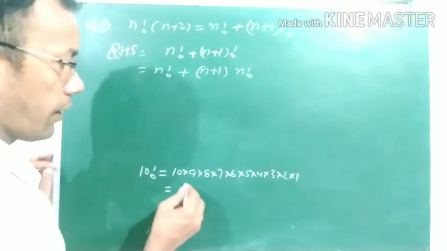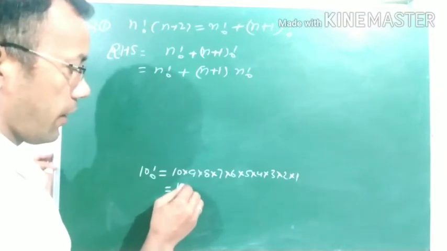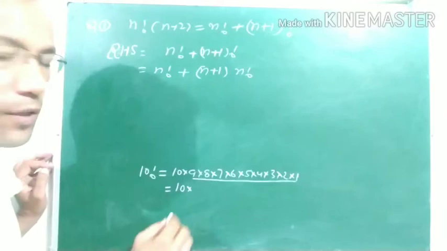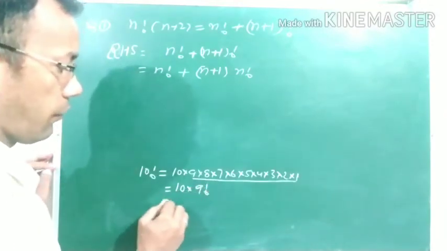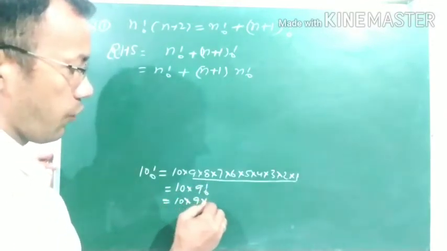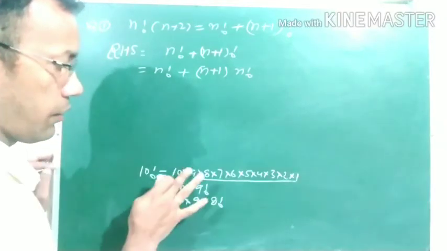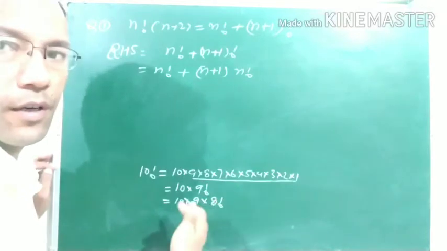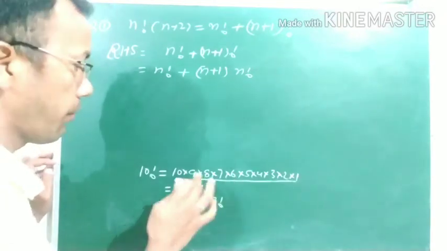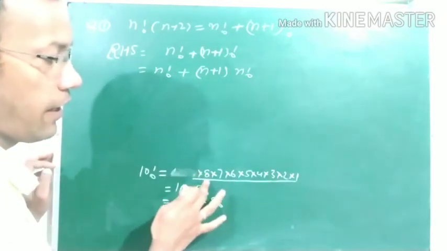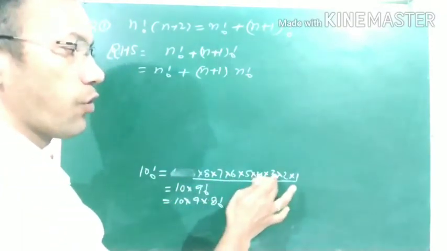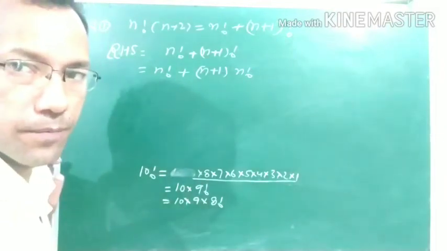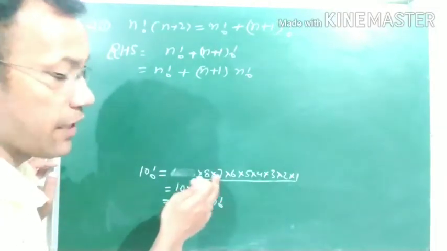So we can write this as 10 into 9 factorial, and 10 into 9 into 8 factorial, and further 7 factorial, then 6 factorial, 5 factorial. But we cannot write 8 into 7 into 6 into 5 into 4 into 3 into 2 into 1 as 9 factorial. We can write it as 8 into 7 factorial.